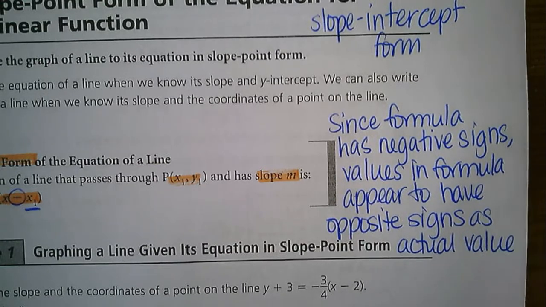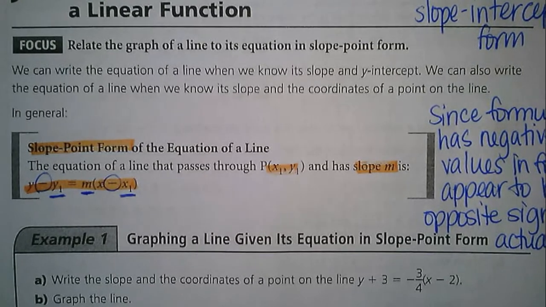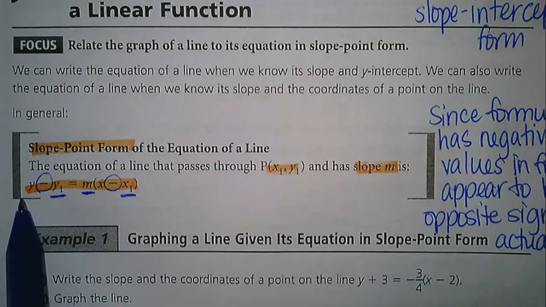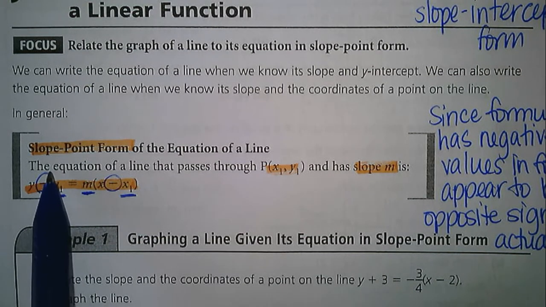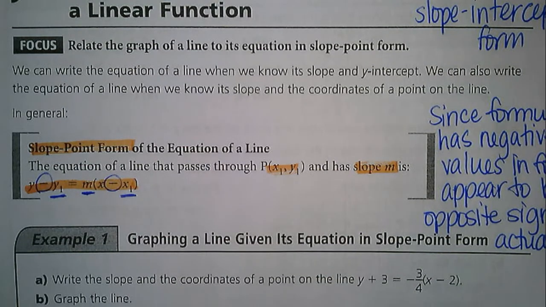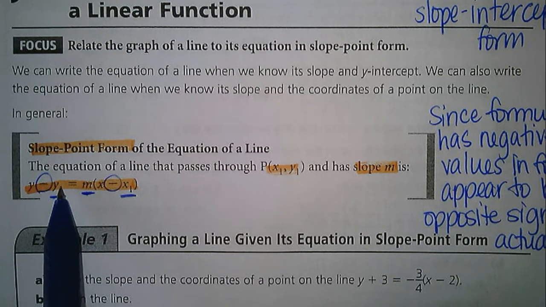What I mean by that, if we take a look back at this equation again, if I have, for example, y minus 1, what that means is my y1 is actually going to be positive 1, because I'm not taking the negative sign as part of the general formula. Therefore, if it shows minus 1, it actually means plus 1.